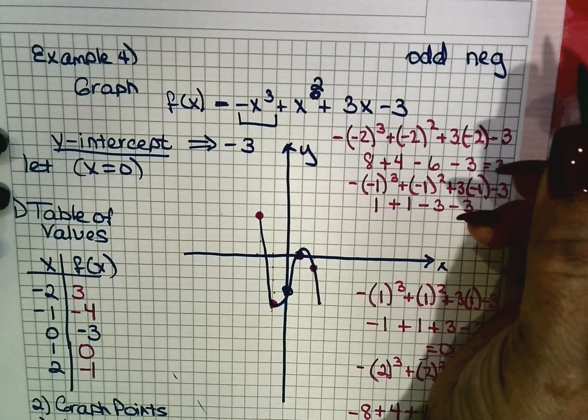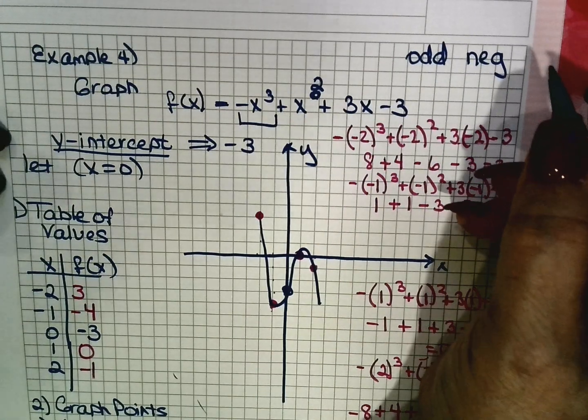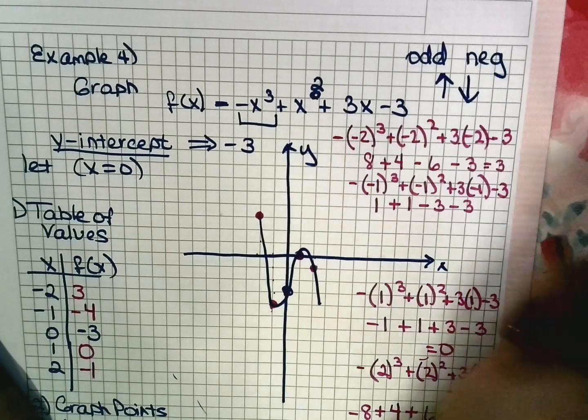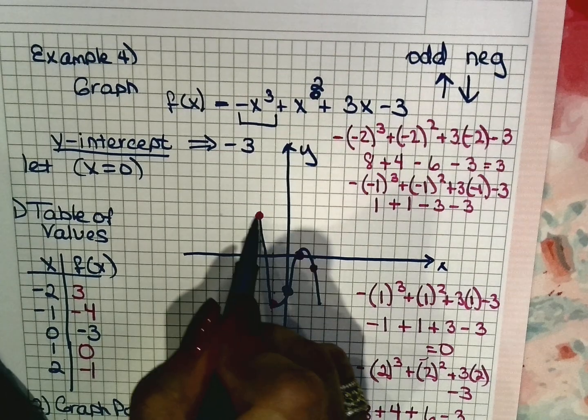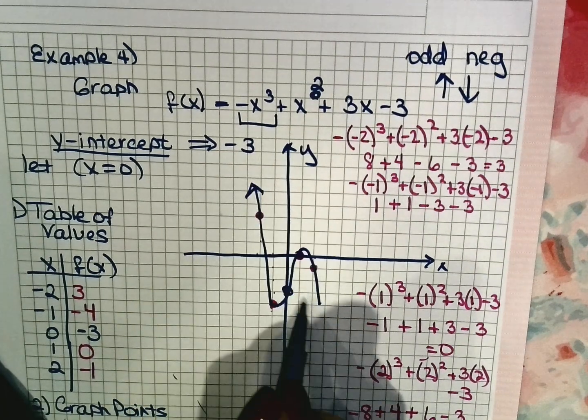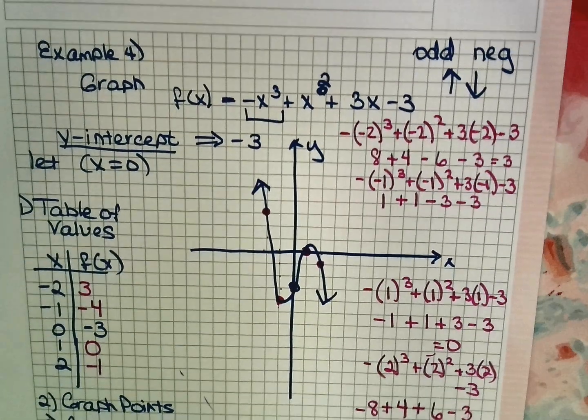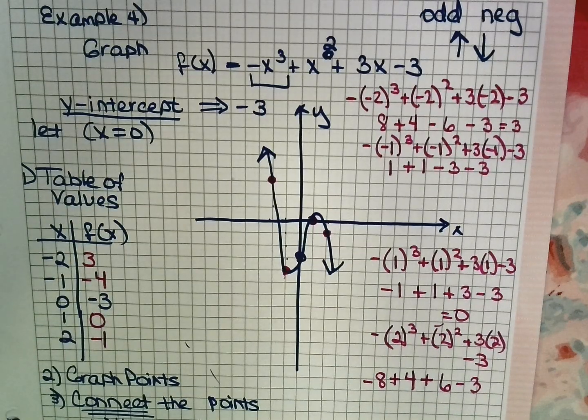And if you look at your chart, if we are odd and negative, this is our end behavior. And if you look at this, wow, it matches. The end behavior matches. So we are on the right track. We did a pretty good job of graphing this. So good job, guys. Way to go.